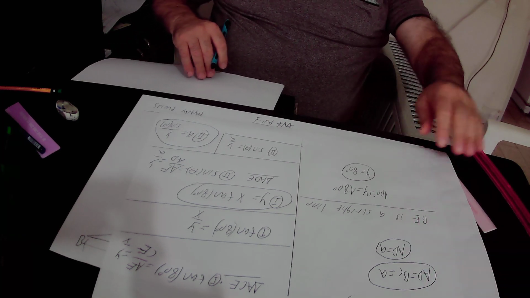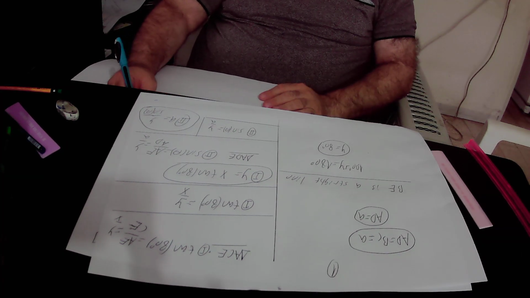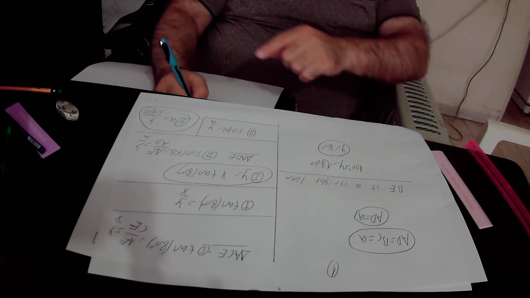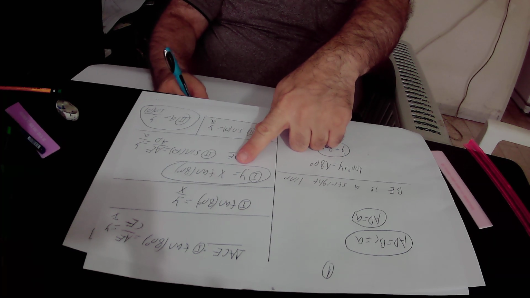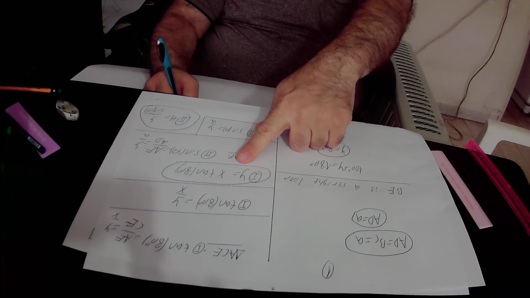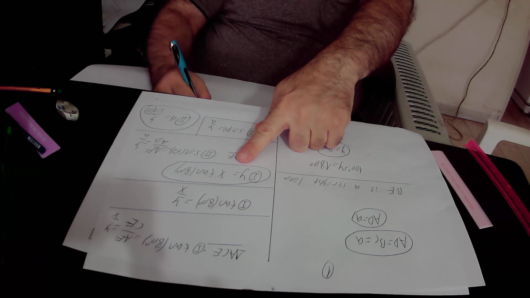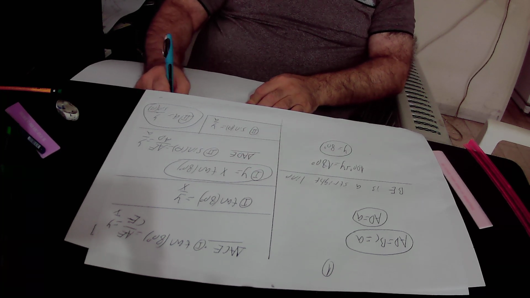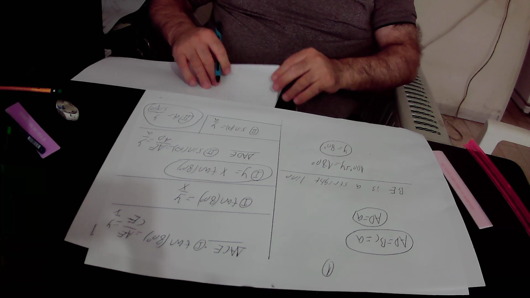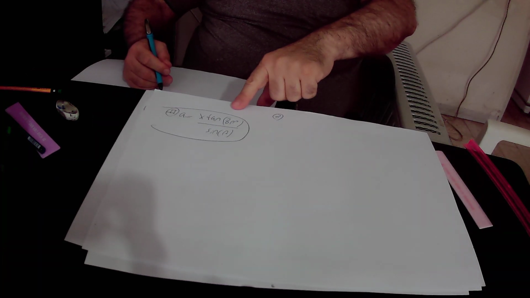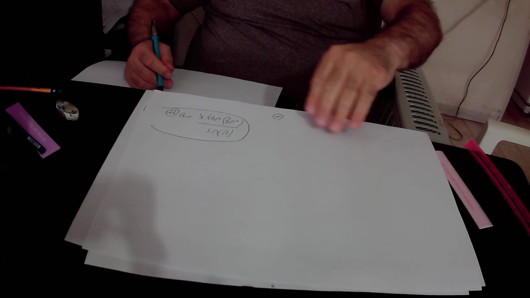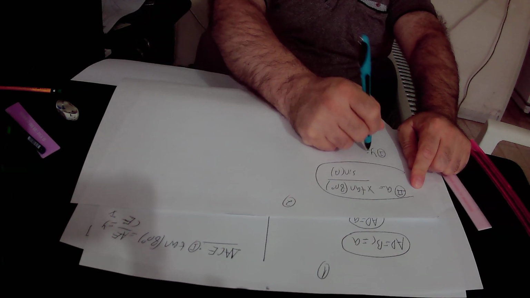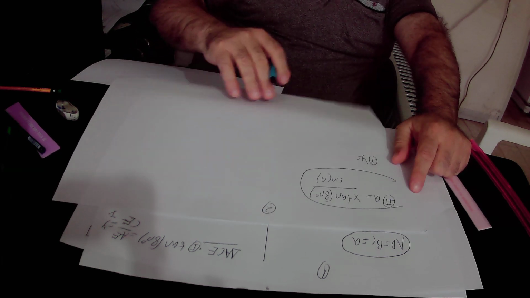And we will get that, according to equation number 2, A equals X times tangent 80 degrees over sine theta, and according to equation number 1, Y equals X times tangent 80 degrees.